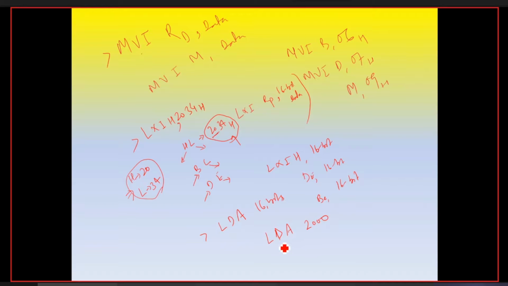It means load the content of the accumulator to the specified address. This 2000 in this case is the address where the content of the accumulator will move, or we are loading the content of the accumulator to this specified location. This location is specified here.